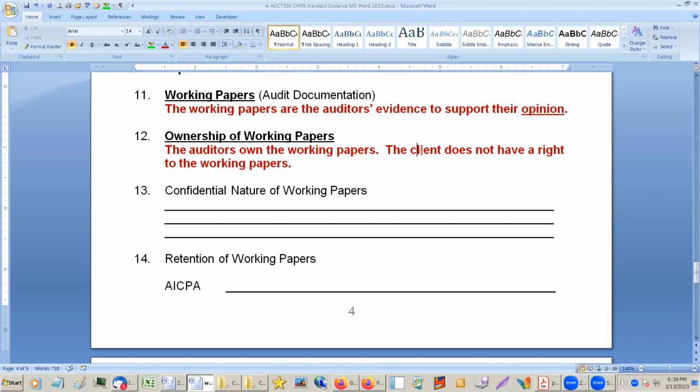You do not give them access to the working papers. You don't want them to know what method you use for sampling or for materiality. All these things are judgment calls, and they are for the auditor to make. What the client is buying is not those work papers, they're buying the opinion.